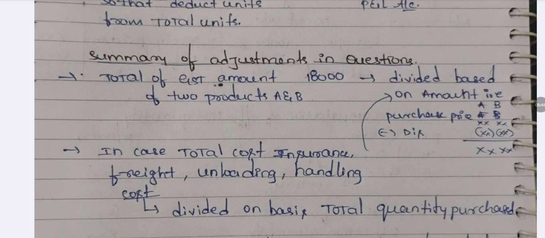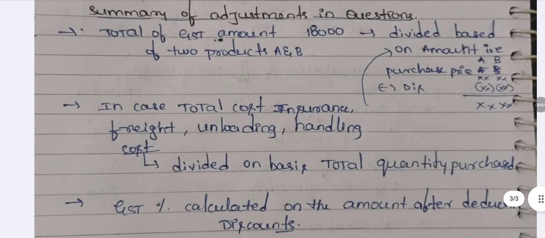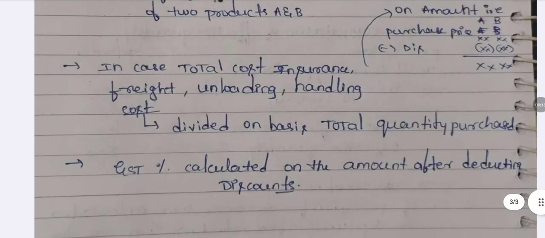But in case of insurance, freight, unloading, loading, and handling cost, we should divide it based on the total quantity purchased, because insurance and unloading are related to quantity, how much, so we divide them on the basis of the total quantity purchased.